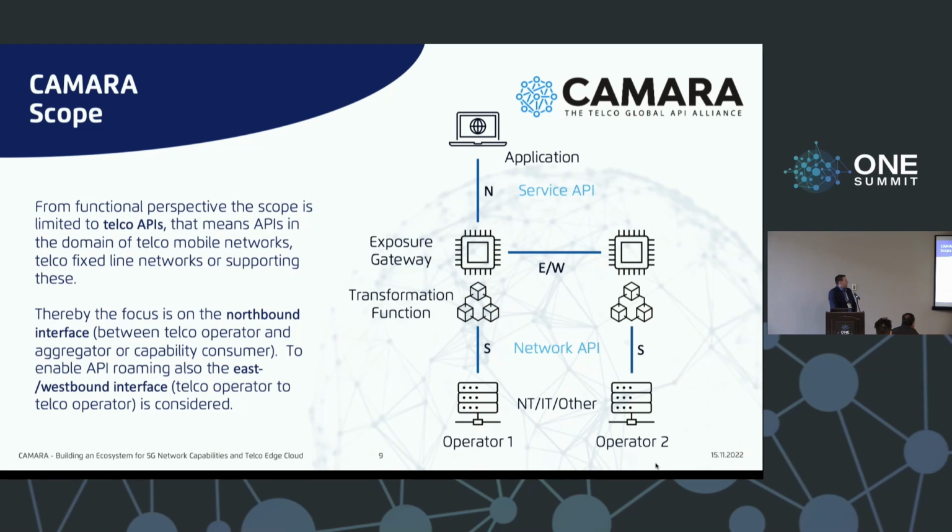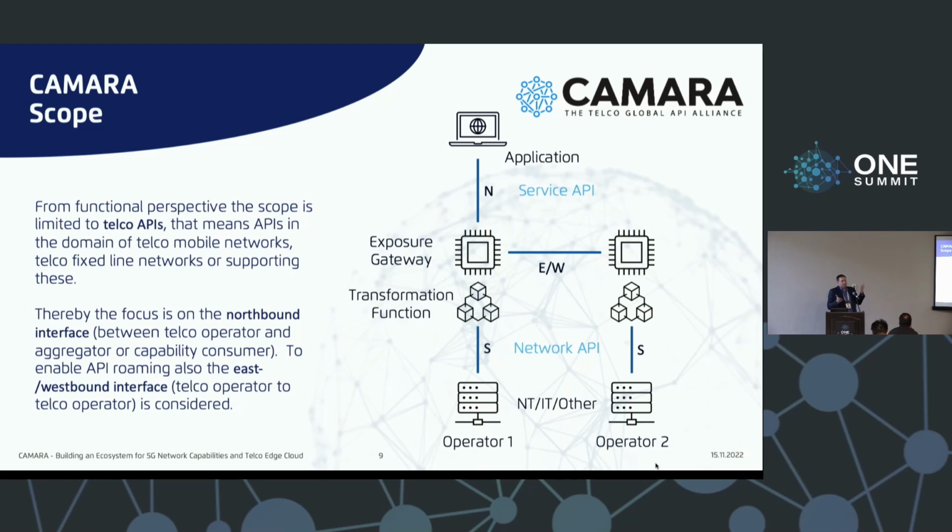So then we get to the scope of what the actual project is trying to accomplish. As we looked at scope, we didn't want to boil the ocean. We didn't want to put everything into this project and do it in the typical telco way. Because in my view, the typical telco way is we throw everything at it, and we're going to have so much stuff in there that it never gets finished, and ultimately fails.